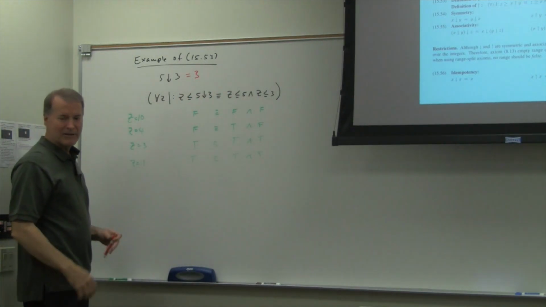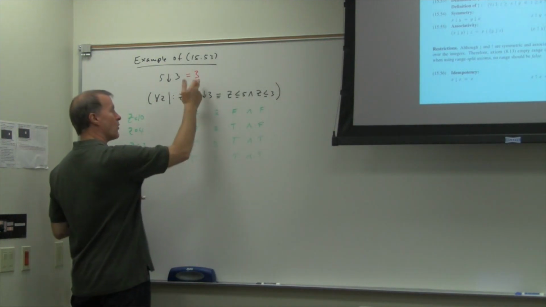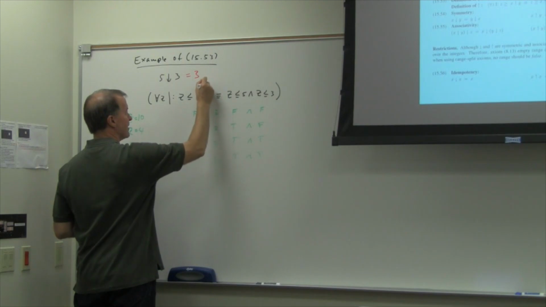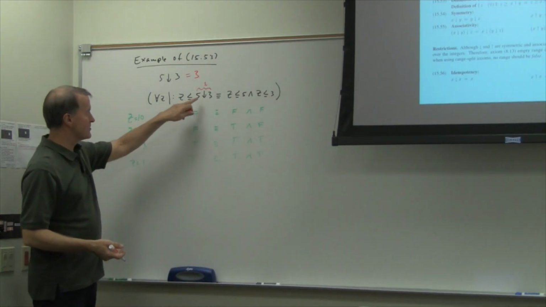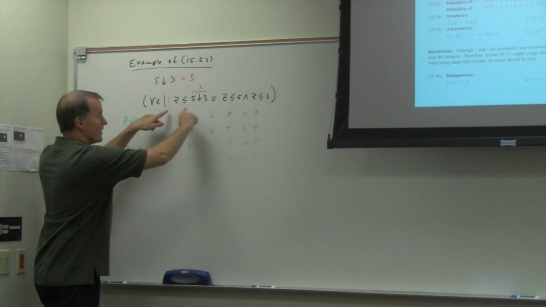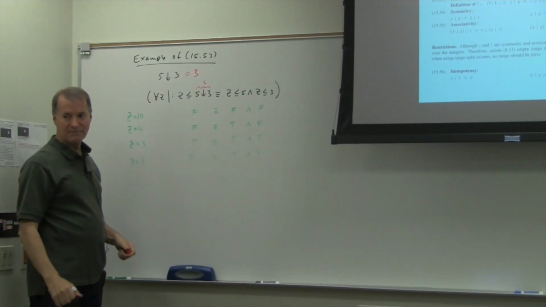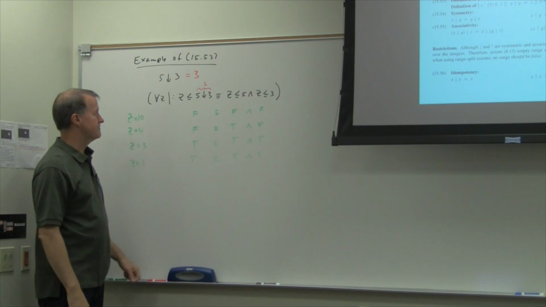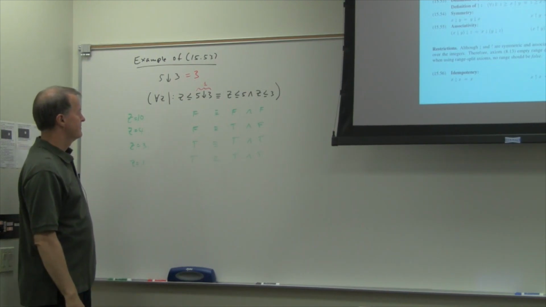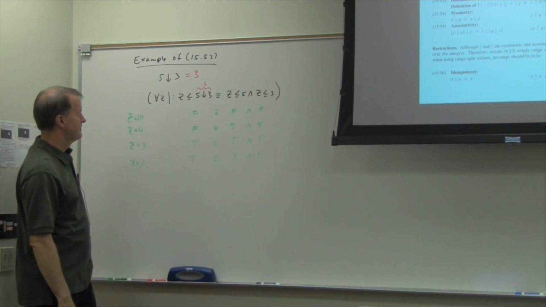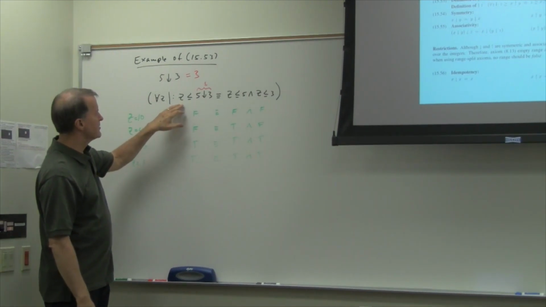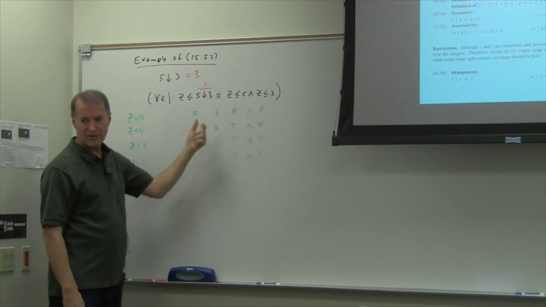But on the other hand, if this is 1, then this does not work for all z. If you put 3 in, it wouldn't be less than or equal to. So this would be false, but this would be true and true, and then it wouldn't be equivalent.